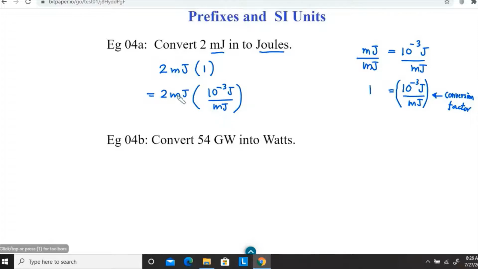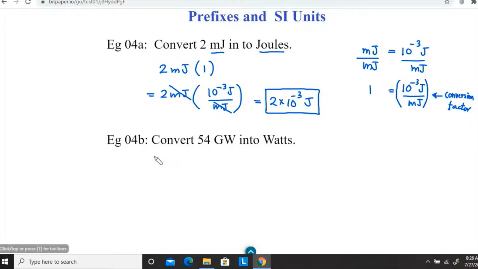So now you can see in the numerator there's a millijoule unit, and then there's a millijoule unit in the denominator, and then this becomes 2 times 10 to the power minus 3 joules. So that's how you convert from millijoules to joules.